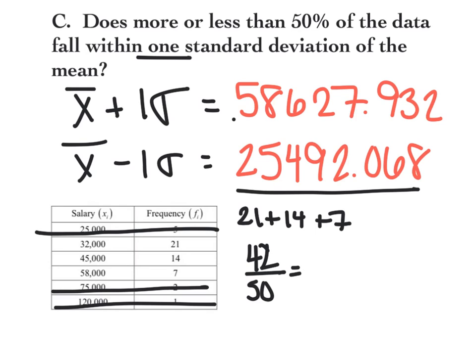And that represents, if I divide those two, 84%. So the question was, does more or less than 50% of the data fall within one standard deviation of the mean? So I found one standard deviation, I found how many scores that was out of the total, and that represented 84. So yes, it represents more than 50%.